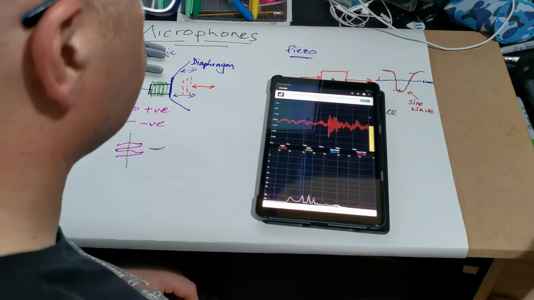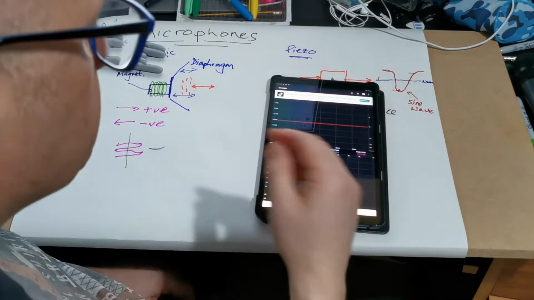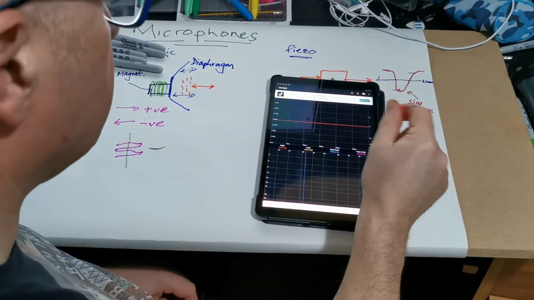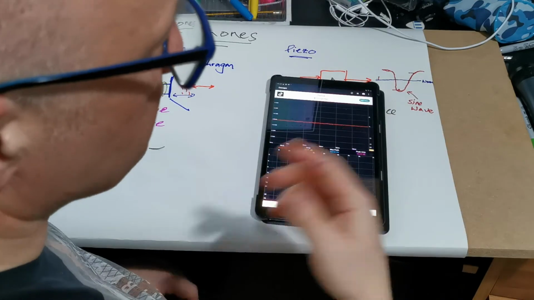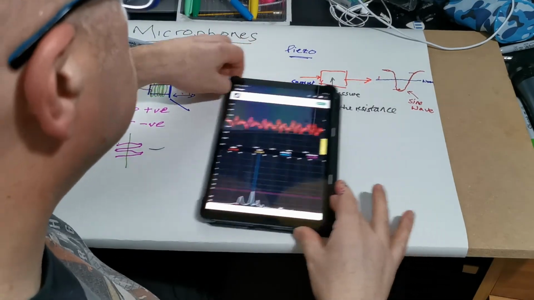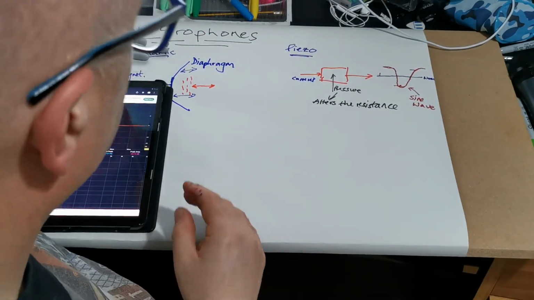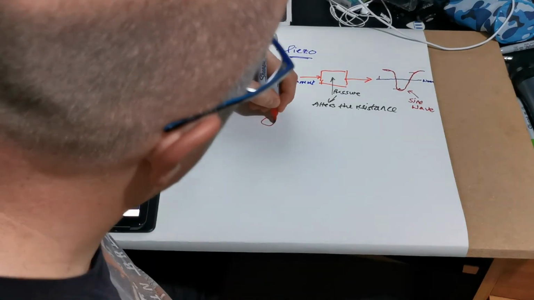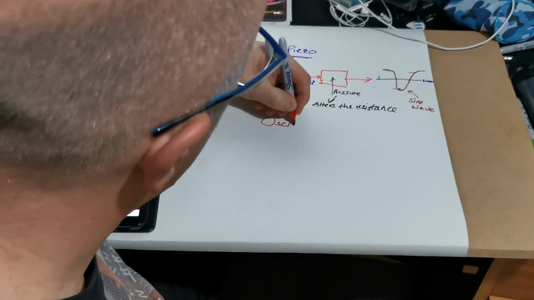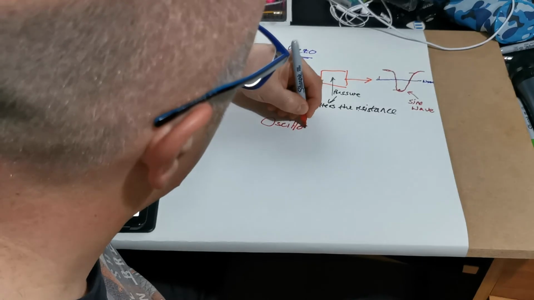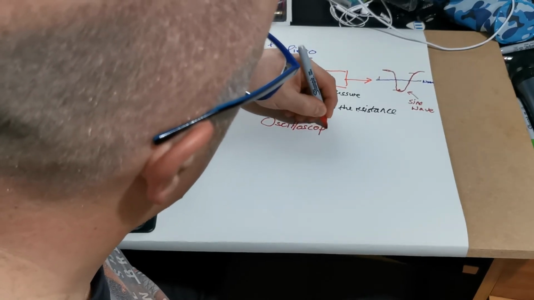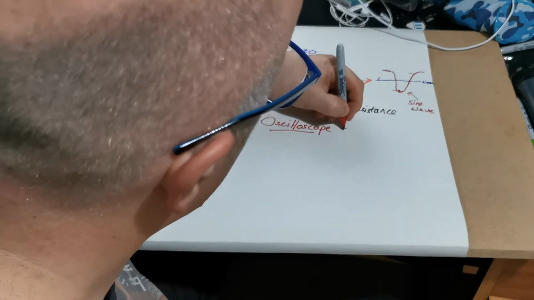So what that will do is show you how a different pitch alters it. So on the oscilloscope, that shows the change in current.